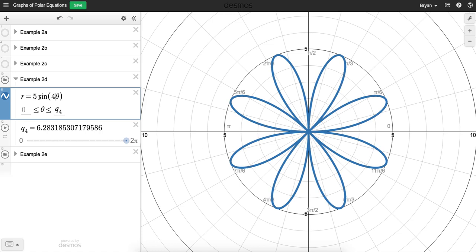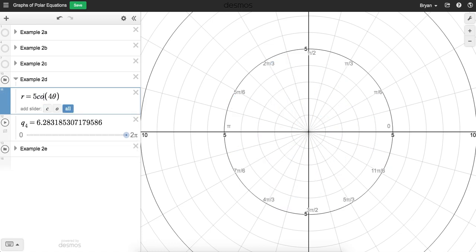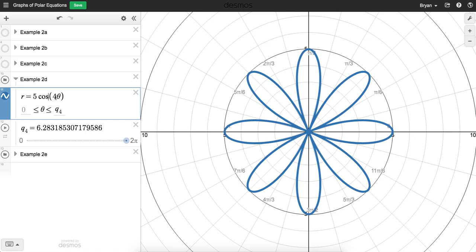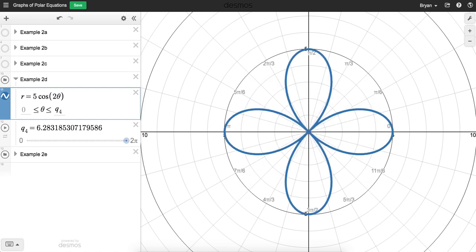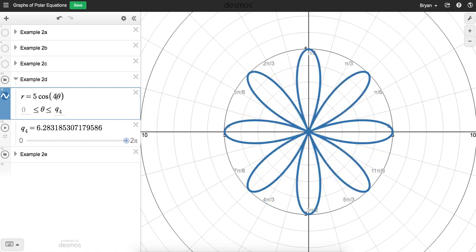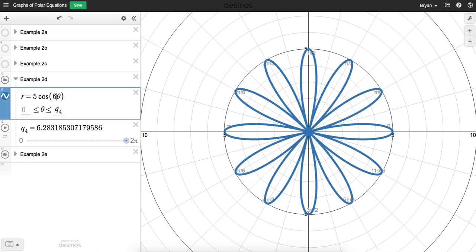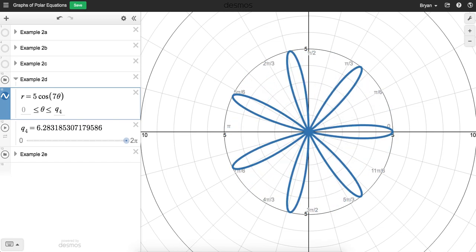Let's see what happens when we change this to cosine. So with cosine, we can go 2, 3, 4, 5. Notice each time that we're going to have a petal for cosine along the positive x-axis. If our value in front of theta is odd, we will not have one on the negative x-axis.